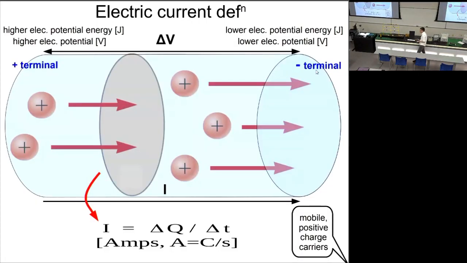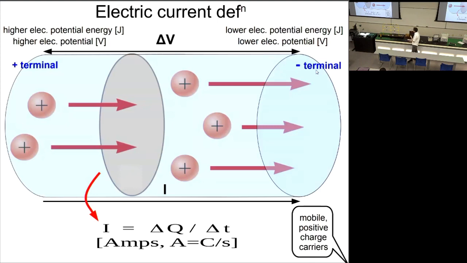So here's a picture of electrical current. In this next picture, I've turned the waterfall on its side, so now it's over here on the left-hand side. That's a higher electrical potential energy for positive charges, so this would be the top of the waterfall.